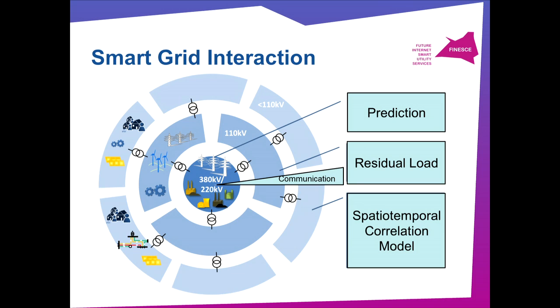You also get a coupling of systems, which leads to new algorithms in prediction, in learning about the residual load, and at the end in finding models in which geographical distribution and time influence lead to a new type of correlation model.